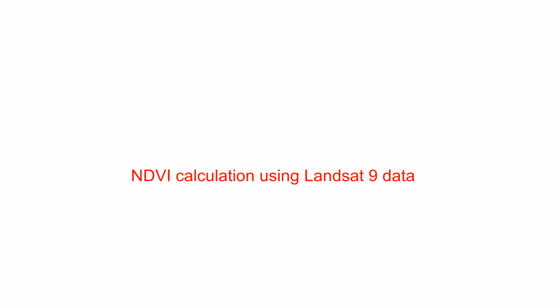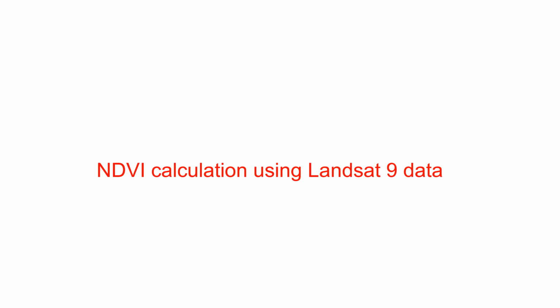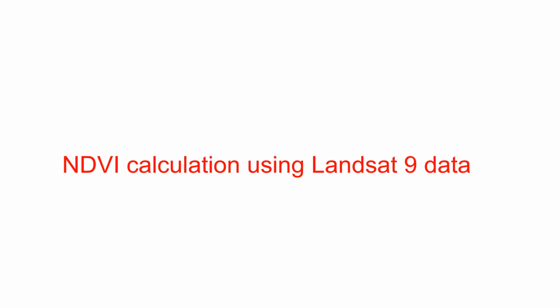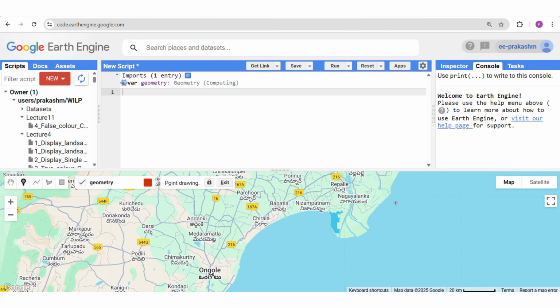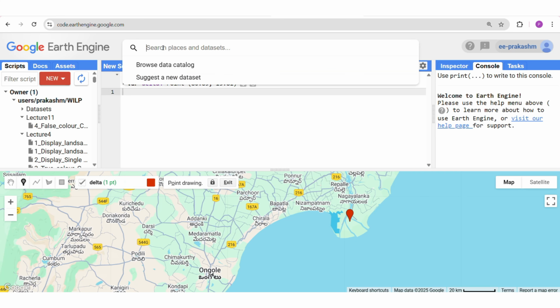Now we shall open the Google Earth Engine code window for writing a code for calculating NDVI. Insert a geometry using the point marked at the area of interest. Since the area of interest is Krishna Basin Delta, we shall change the name of the variable as delta. We shall type the Landsat 9 to get the data catalog.